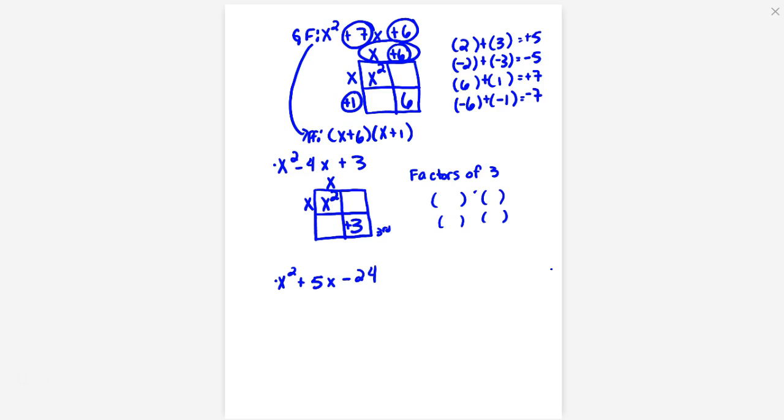And it's positive 3, so that's going to be 3's prime, so it's just going to be 3 times 1, and negative 3 times negative 1. So which of those factors add up to negative 4? The rest is up to you. I need you to write your factored form here underneath when you're done.